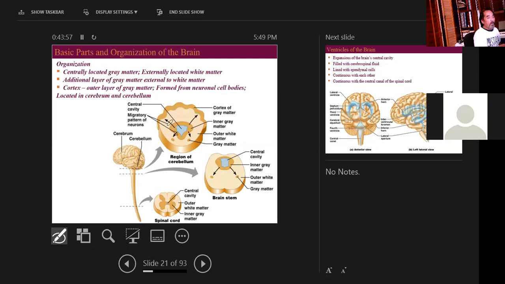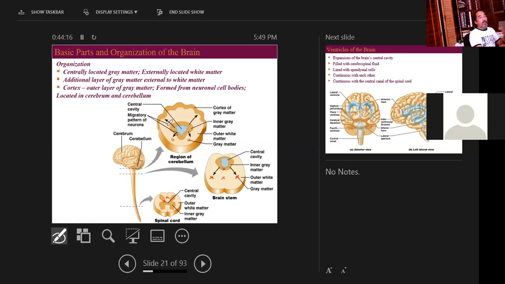Okay, so on the spinal cord, we've got gray matter in the middle and white matter outside. Now if you go higher, on the brainstem, you've got gray matter in the middle, some gray matter on the sides, and white matter.